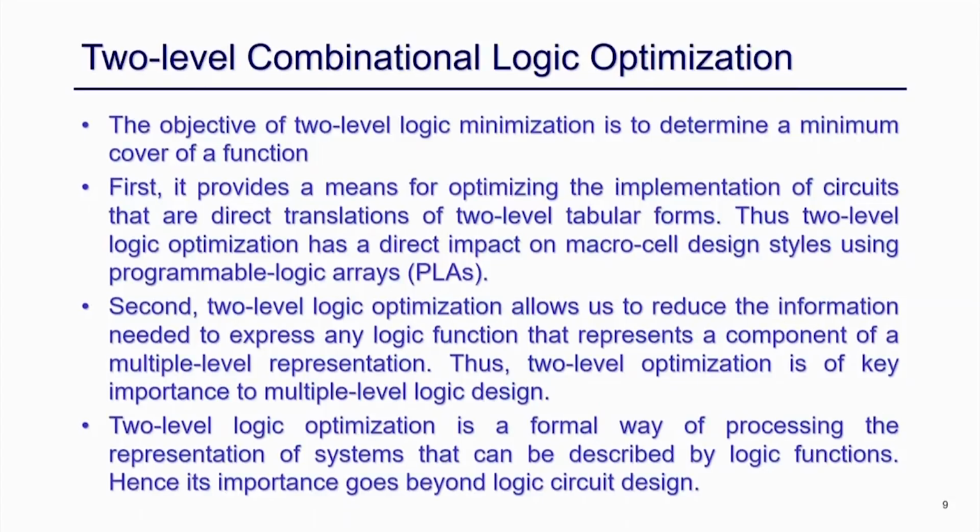So, why is this 2 level combinational logic optimization important? Because it is a means of optimizing the implementation of circuits that are a direct translation of the 2 level tabular form, right. So, this is how we actually visualize our circuit, and it also has a one-to-one correspondence to the PLA.